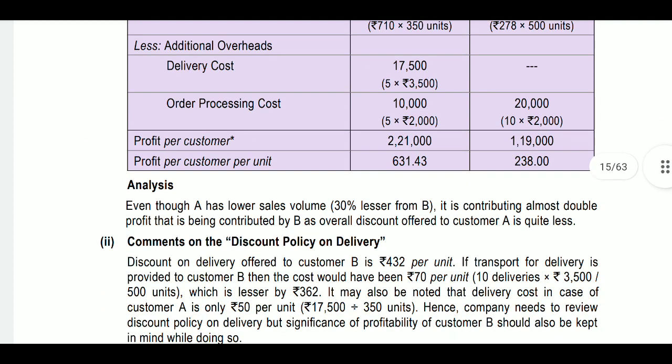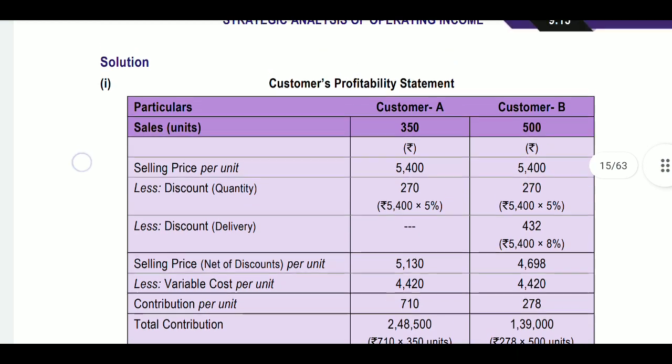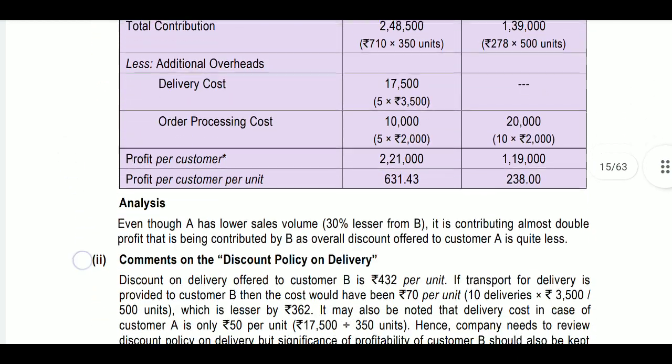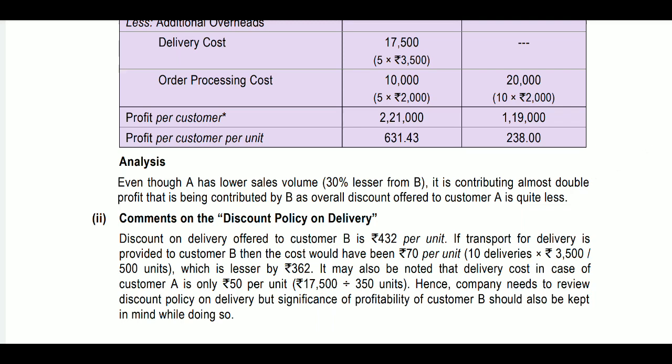Next, analysis: even though A has a lower sale value, that is 350 units, it is contributing almost double profit. So it has less value but more profit.